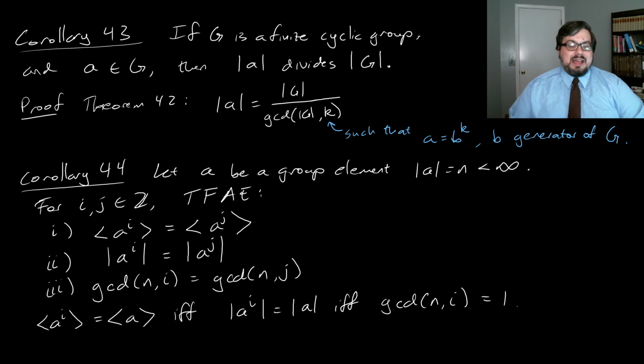That is, if and only if n, the order of a, and i are relatively prime. Corollary 44 is really just checking a few details from Theorem 42 and seeing that all of these are equivalent to one another. It's a very good exercise to prove Corollary 44 given Theorem 42.